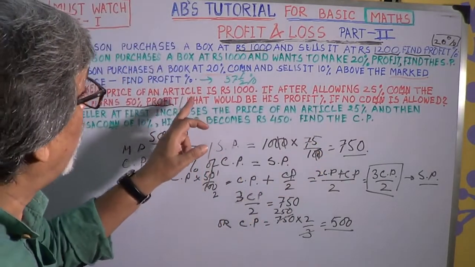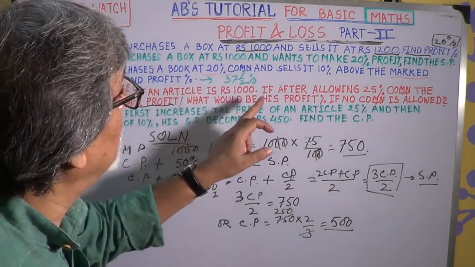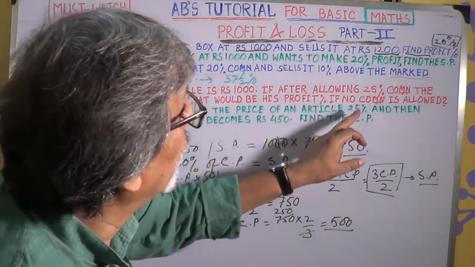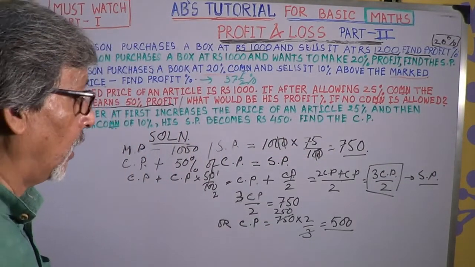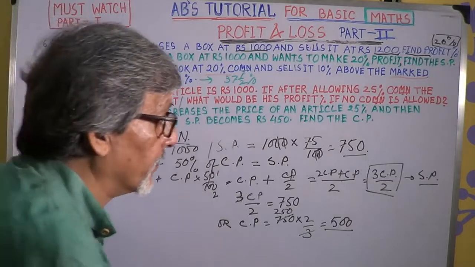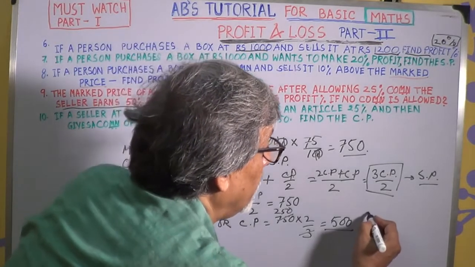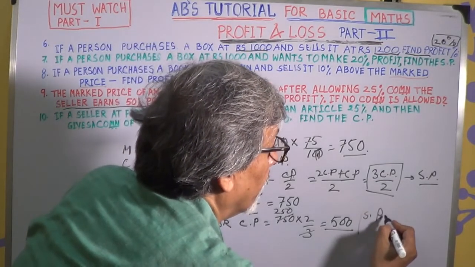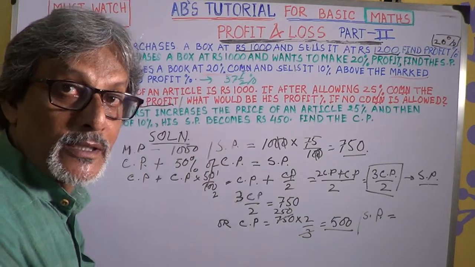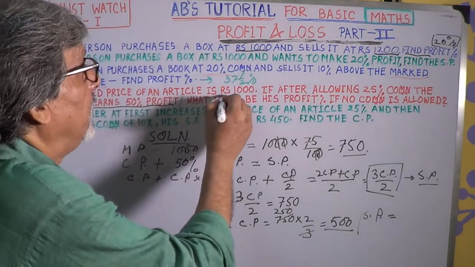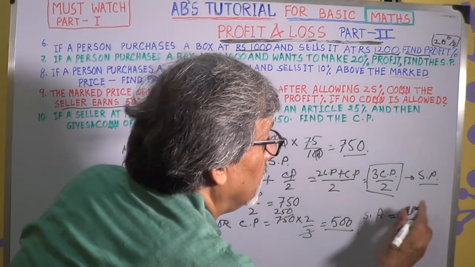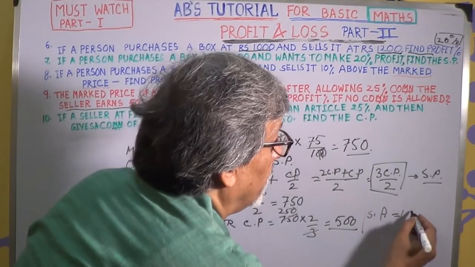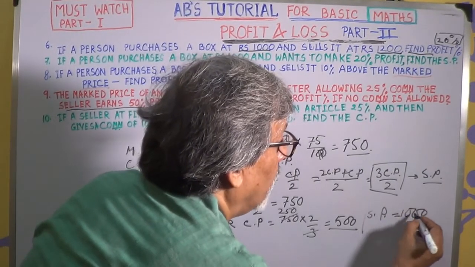Now the question is, what would be his profit percent if no commission is allowed? If no commission is allowed, then SP will be rupees 1000.